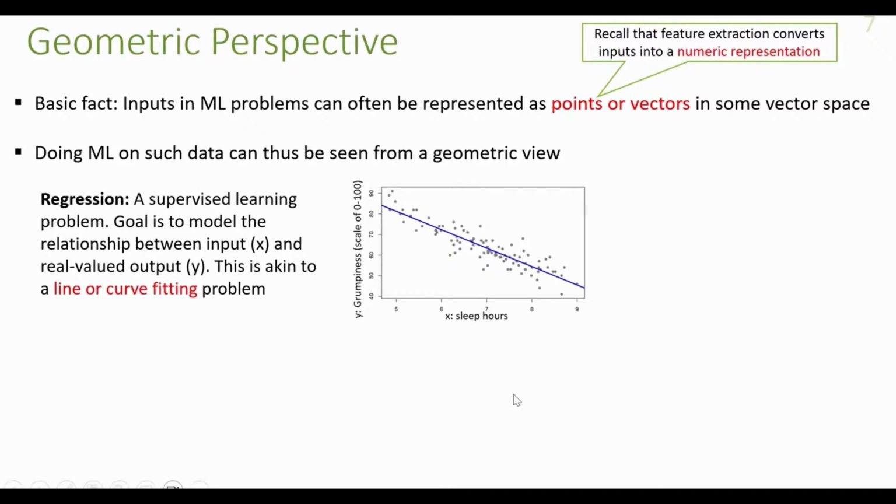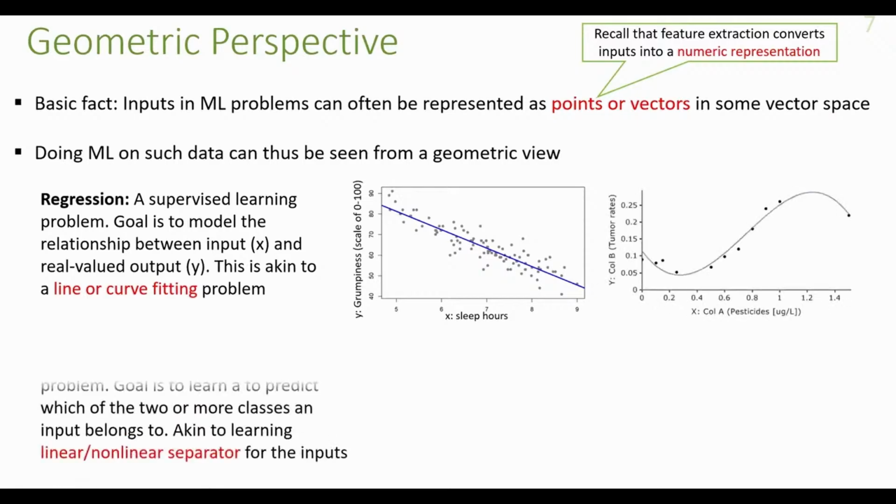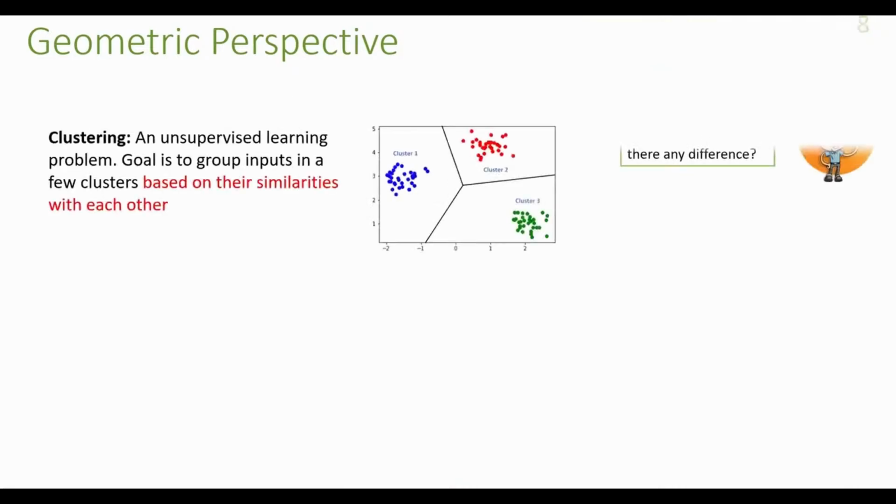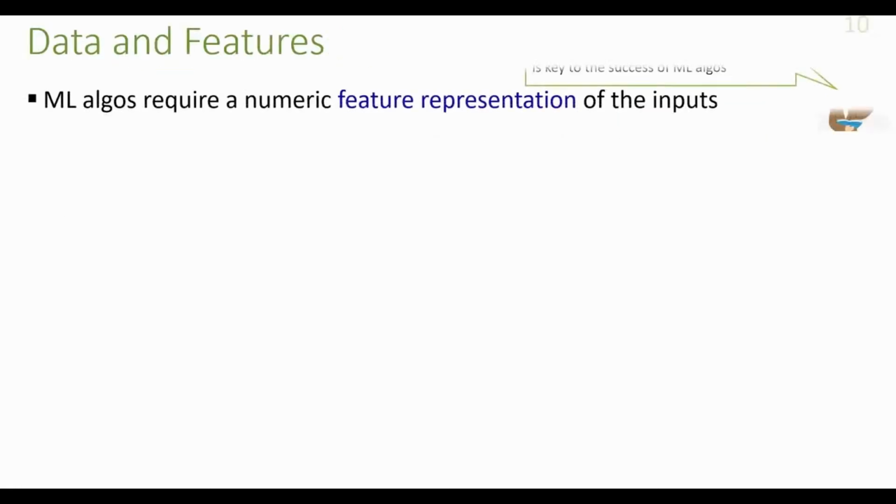So that data point we can represent as a point in 2D, right? If a point has, let's say, 3 features, then that data point we can represent as a point in 3D, right? So likewise, you can represent this.